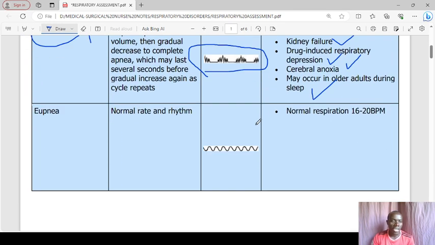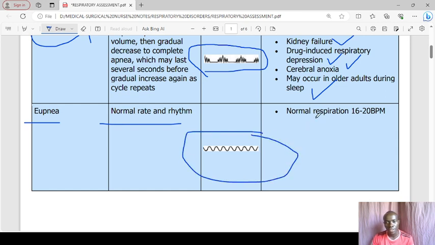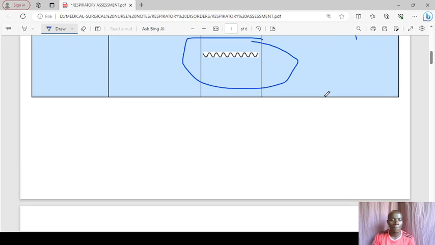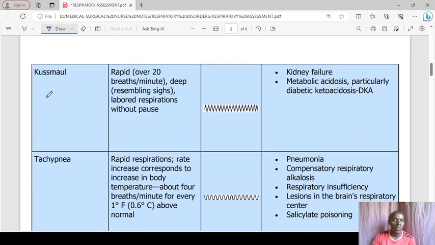All right. Eupnea. So this is the normal breathing rate and rhythm. Okay. And this is how it will be appearing. It is going to give us the normal respiration. In adults, we'll be having 16 to 20 breaths per minute. We have the Kussmaul breathing.